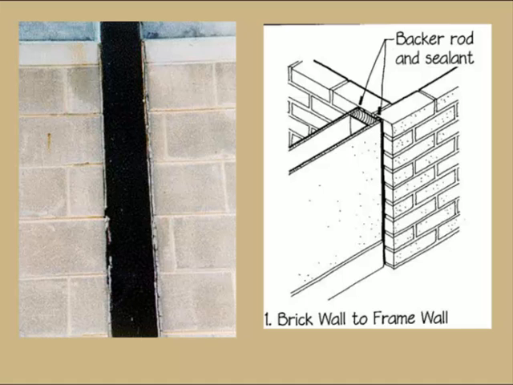One of the big things here that we see, especially with weeps and flashings, is you need to make sure that they are clean, that they are not clogged with mortar or something like that. If you've got a flashing that's capturing water and your weeps are plugged, the moisture is not going to get out of that facility. So it's just critical to make sure that they're kept free of any debris. And we'll look at a couple of examples here.